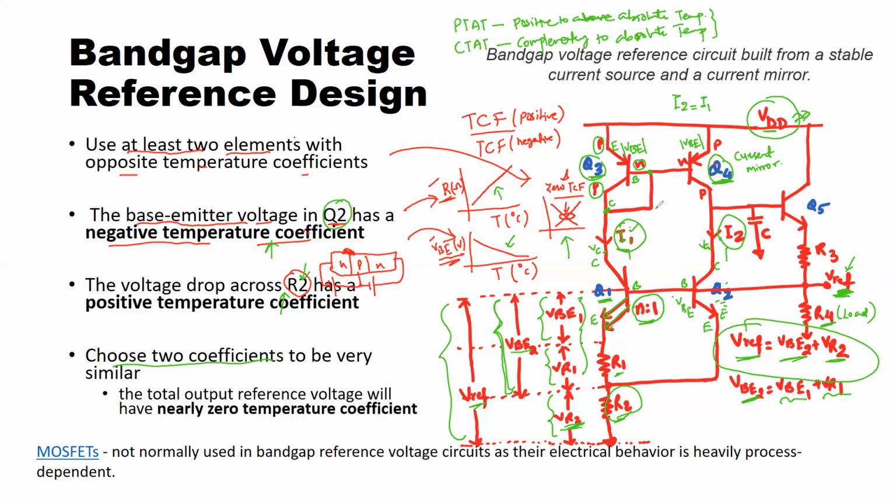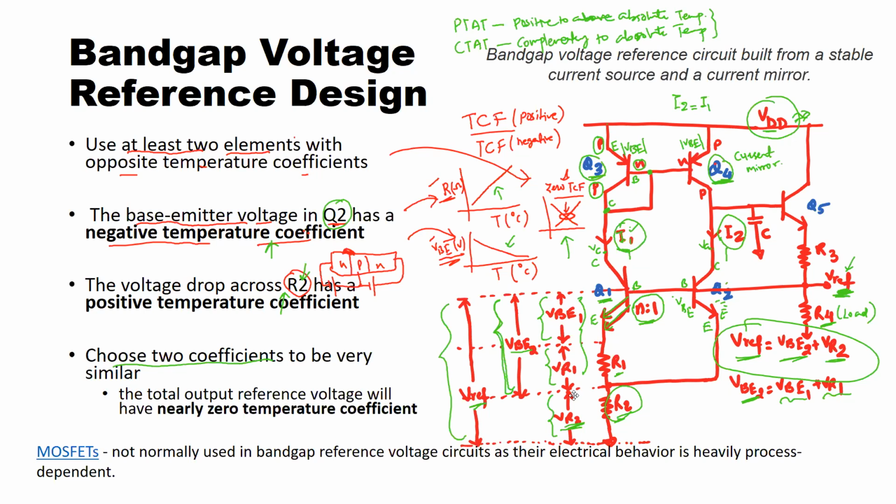Now, this is the circuit using the BJT. Why not use the MOSFET? In my knowledge, MOSFETs are not normally used to create bandgap references. There are reasons for that.